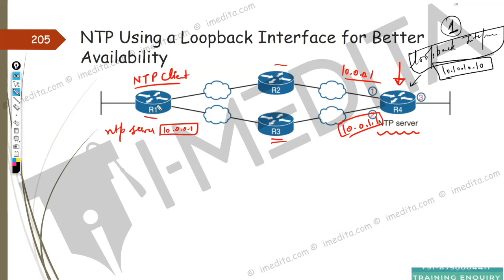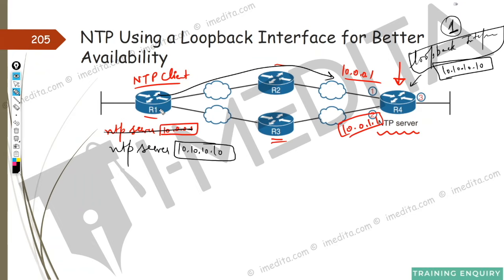Now, instead of configuring it the earlier way, I can tell R1 that the NTP server is 10.10.10.10. The good thing about this is that whether R1 takes this path or this path, it is always communicating with the loopback interface.